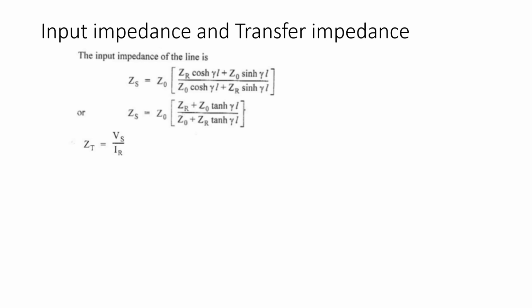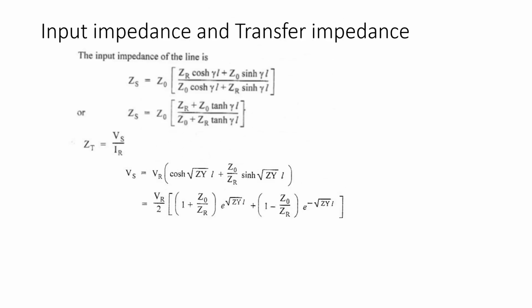Next, we will derive the expression for the transfer impedance. Transfer impedance is the ratio of sending end voltage to the receiving end current. We know that V is equal to VR cosh root ZY into L plus Z0 by ZR sinh root ZY into L. This is the equation for voltage of your transmission line. And here we will write the cosh and sinh terms in exponential form.